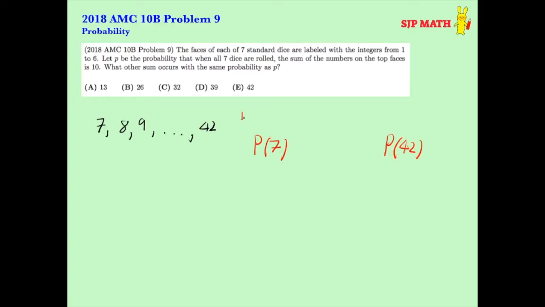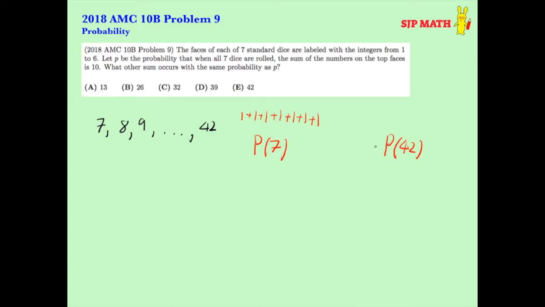So the top faces will look something like this: 7 1s. And I'm going to put plus signs there to remind ourselves that this is the sum. So 1 plus 1 plus 1 plus 1 plus 1 plus 1. That's 6 1s.